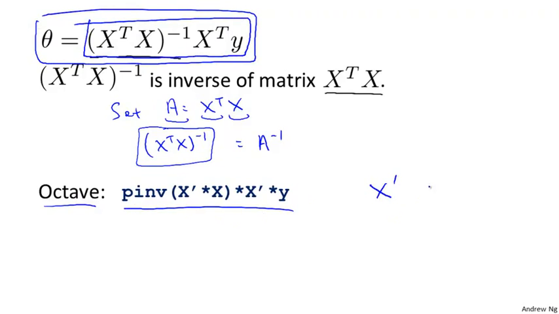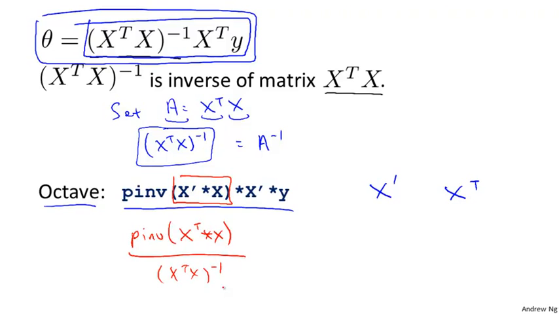In Octave, X prime is the notation that you use to denote X transpose, and so this expression that I'm boxing in red is computing X transpose times X. pinv is a function for computing the inverse of a matrix, so this computes (X transpose X) inverse, and then you multiply that by X transpose and by y, so you end up computing that formula, which I didn't prove, but it is possible to show mathematically, even though I'm not going to do so here, that this formula gives you the optimal value of theta, in the sense that if you set theta equal to this, that's the value of theta that minimizes the cost function J of theta for linear regression.